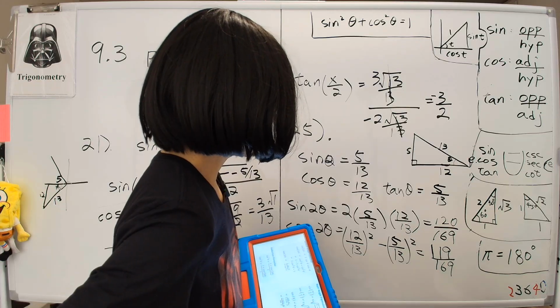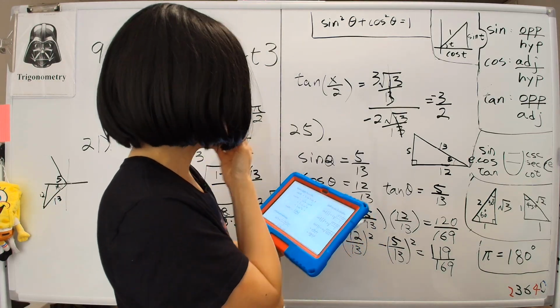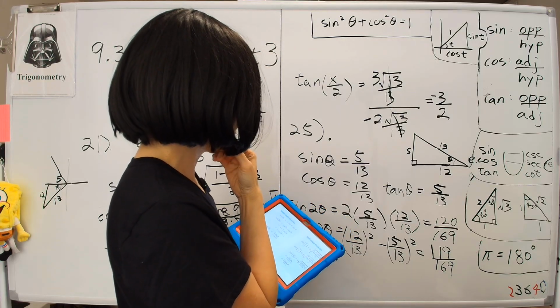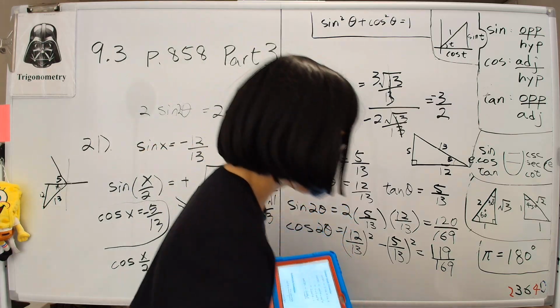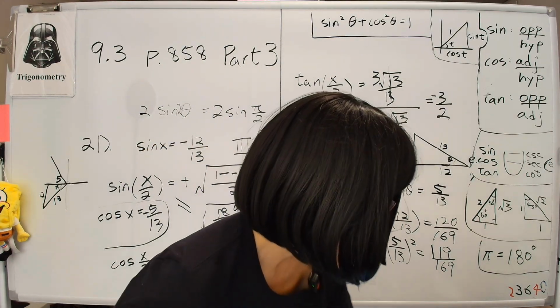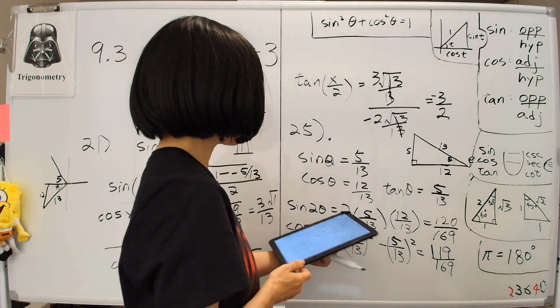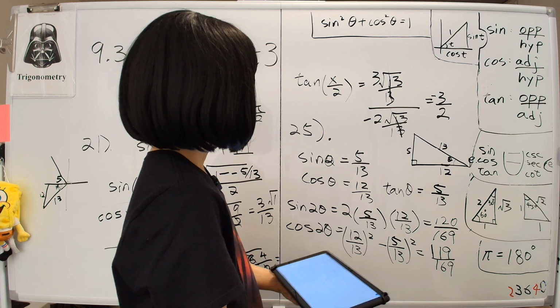Cosine 2 theta squared minus sine squared. Doesn't matter. I'm not sure. Yeah, the negative sign. Cosine of theta equals 12 over 13, 2 theta.